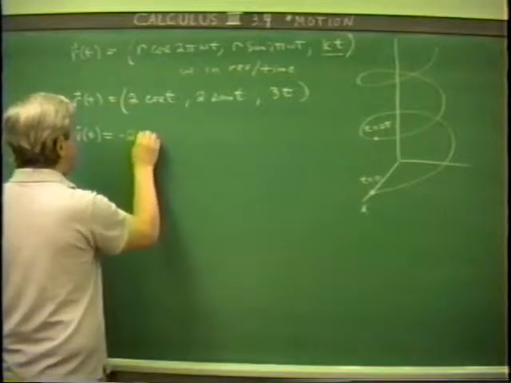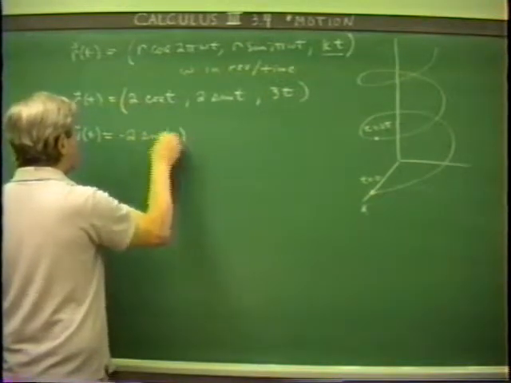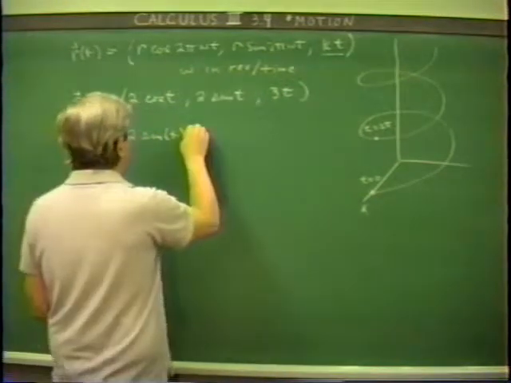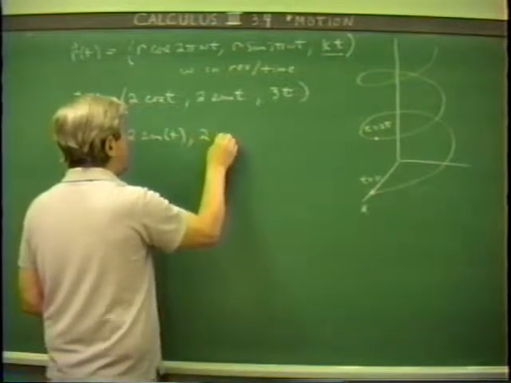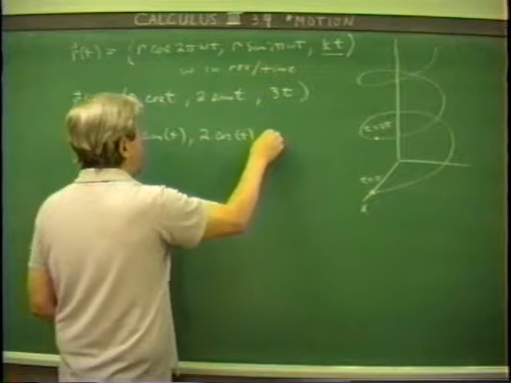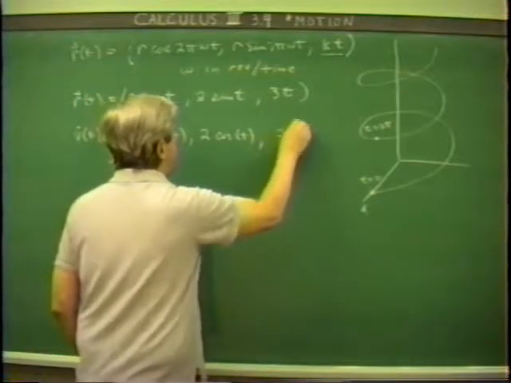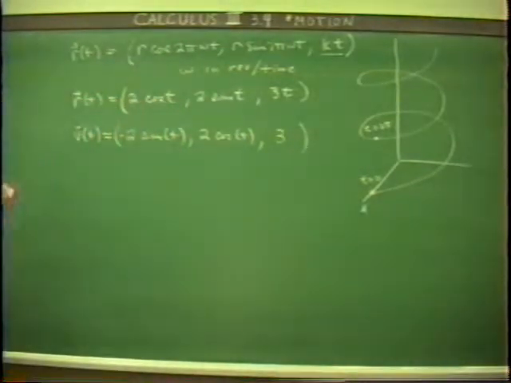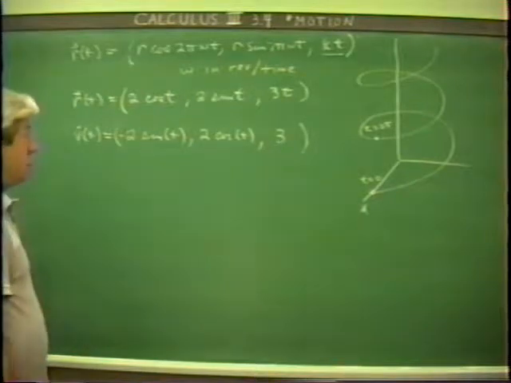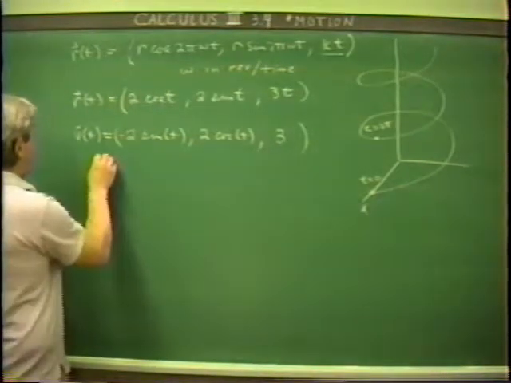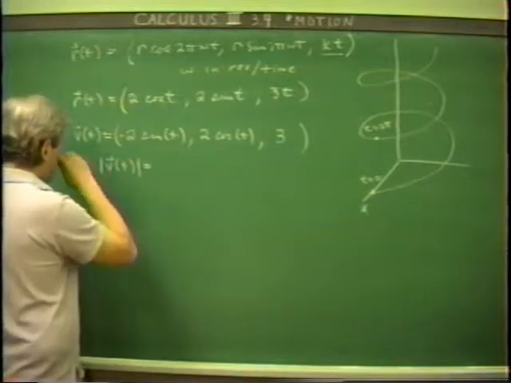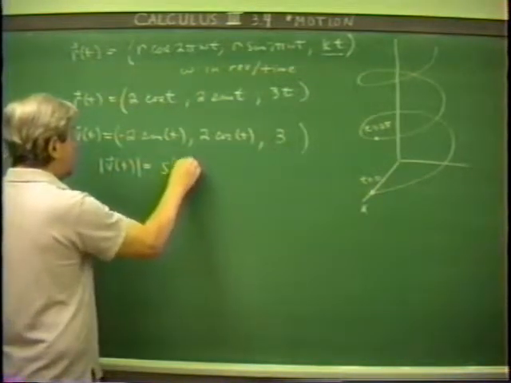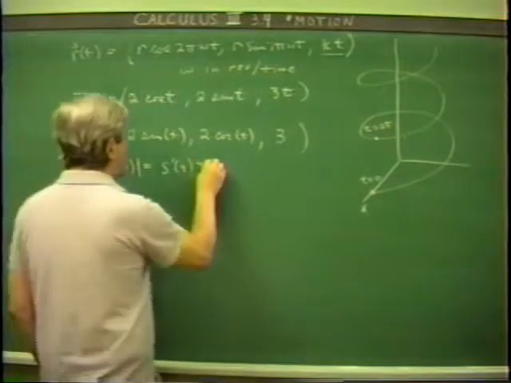Okay, the x coordinate is going to be minus 2 sine t, since the derivative of cosine is minus sine. The y coordinate is going to be 2 cosine of t, and the z coordinate is going to be 3. Okay, the magnitude of v of t is going to be s prime of t.